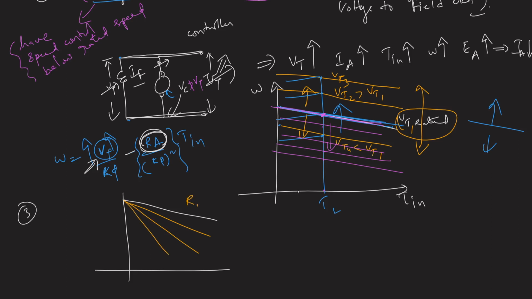This is RA1. Let me take RA1 without any external resistance. RA2 is with some external resistance added in the armature circuit like this. RA4 with the increase in external resistance like this.